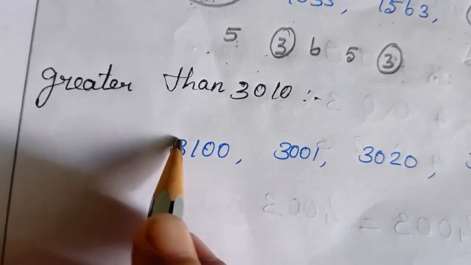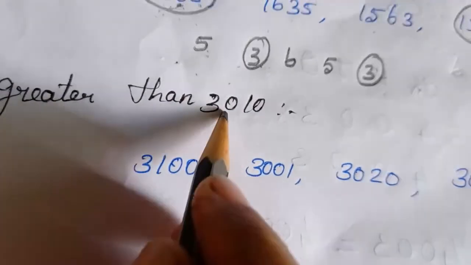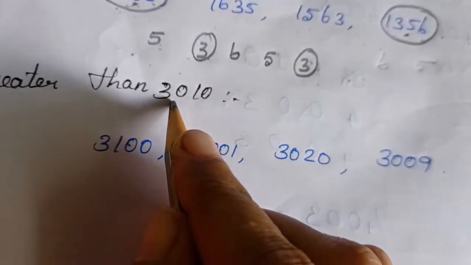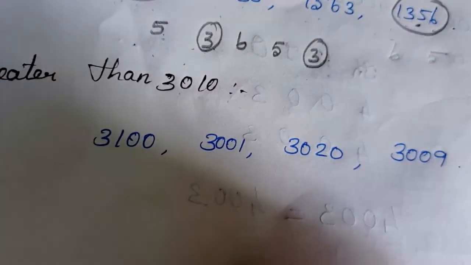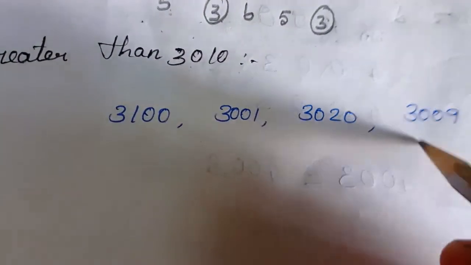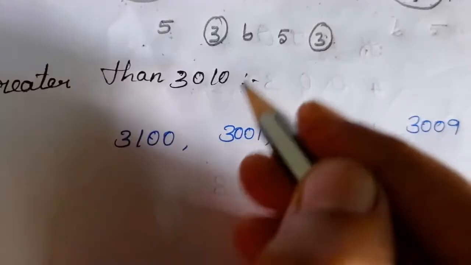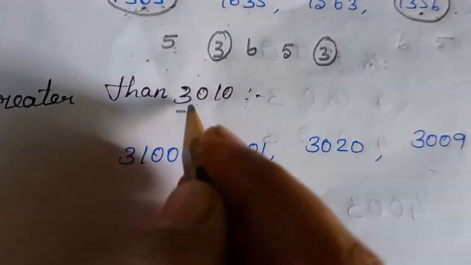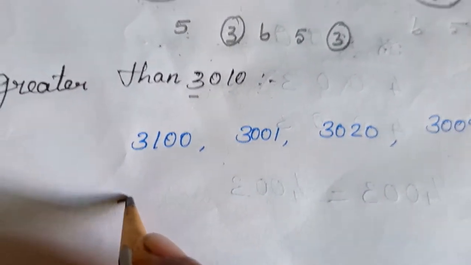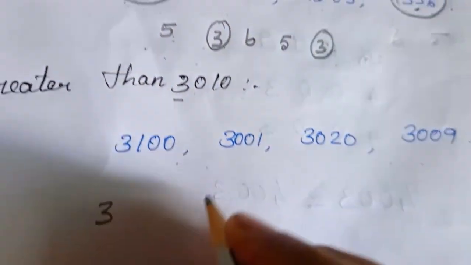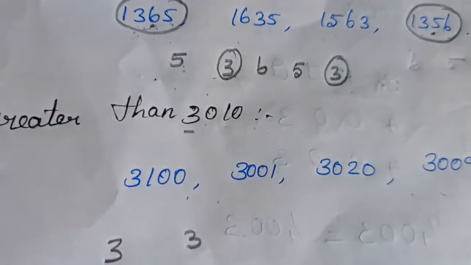That means circle the number which is greater than 3010. Okay, so here this is a 4-digit number and the options are also all 4-digit numbers. So what do you want to do next? Check their thousands place value. The first number, the thousands place value is 3, and in all the 4-digit numbers, the thousands place value is also 3.